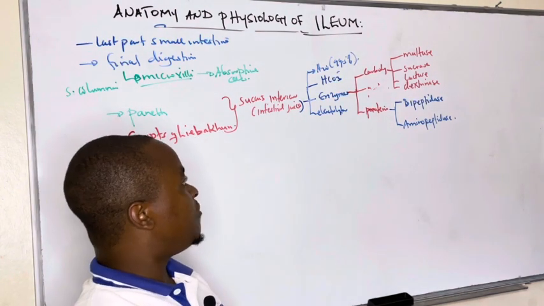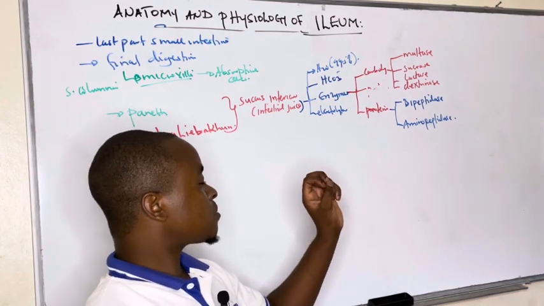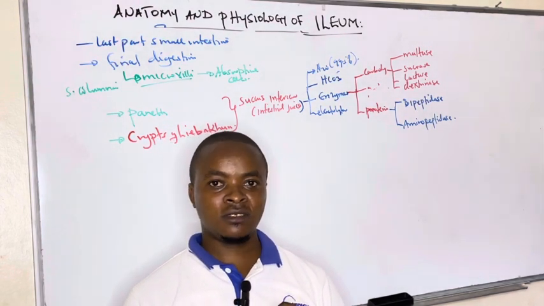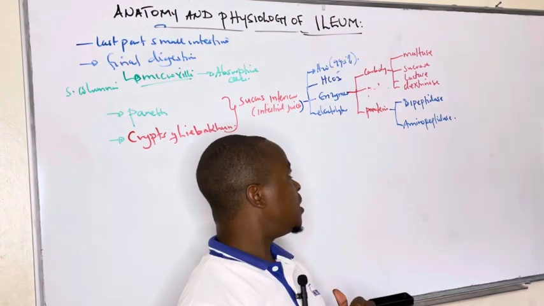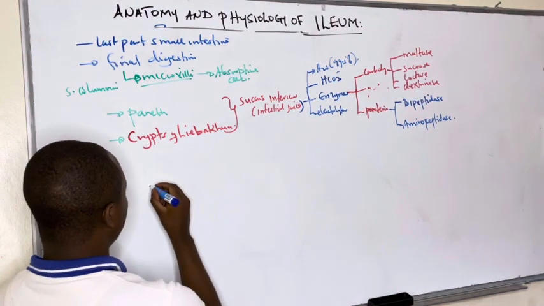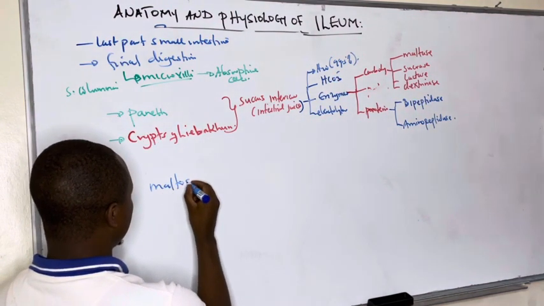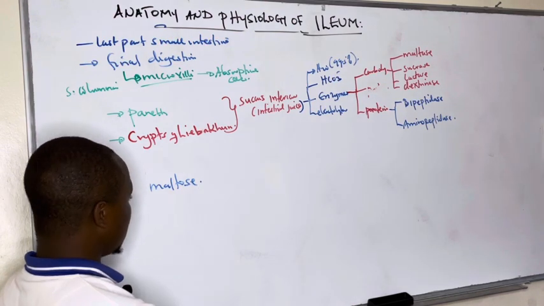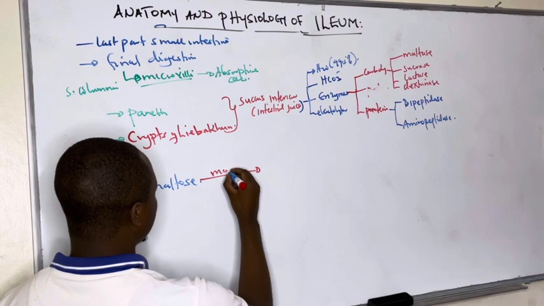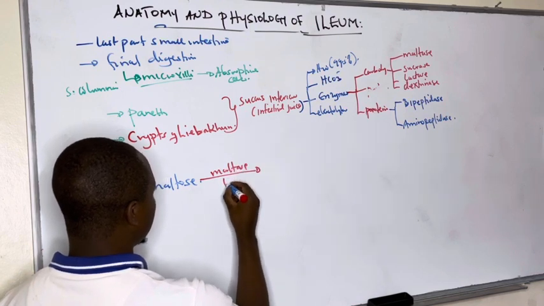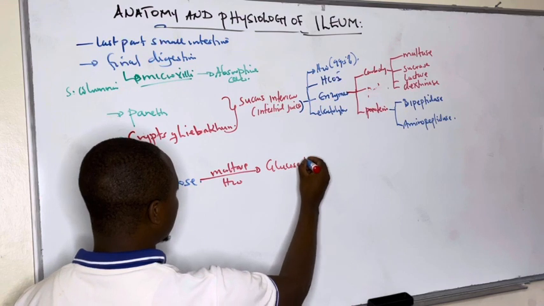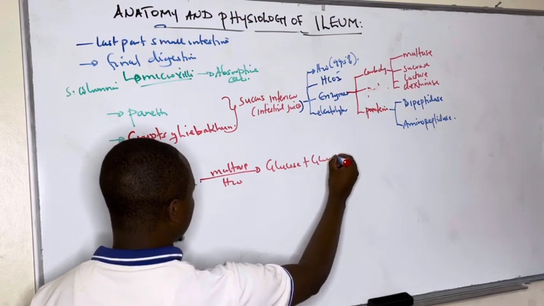And we want to see the function of each. We normally say that these enzymes catalyze hydrolysis reactions, whereby whenever we have maltose, this maltose is hydrolyzed by the maltase enzyme in the presence of water to form 2 molecules of glucose, glucose plus glucose.